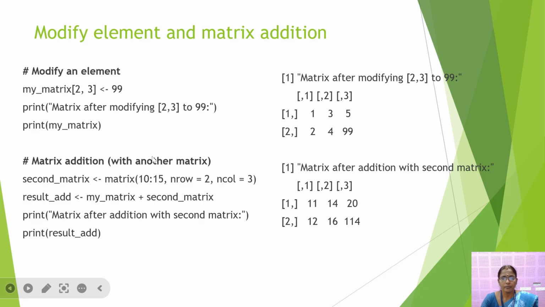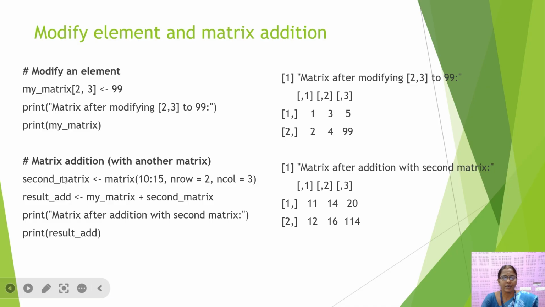Suppose you want to add one matrix with another matrix. The second matrix is taken as 10:15, which means the elements are 10, 11, 12, 13, 14, 15. So the second matrix is represented as 2 rows and 3 columns. Suppose you want to add the first matrix with the second matrix, you have to give the first matrix variable name plus the second matrix variable name.